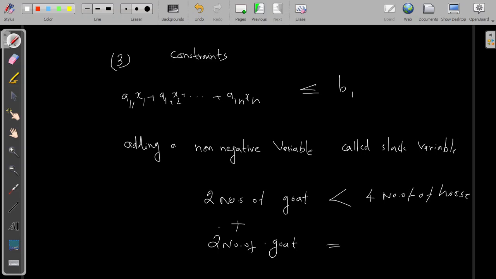So adding a non-negative variable in order to make it equal, such a variable is known as a slack variable.